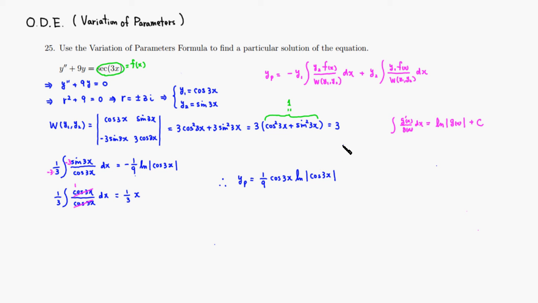And plus y2, which is sine of 3x, times 1 over 3 x, so it's 1 over 3 x sine of 3x.